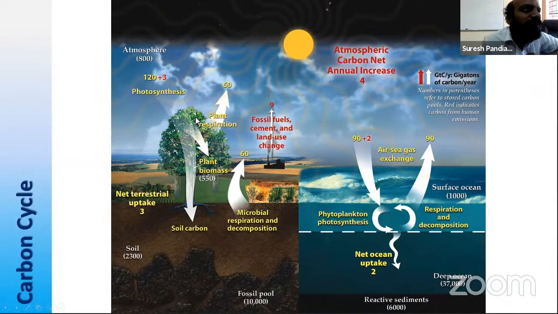Now you can see the numbers and compare, right? In the atmosphere, it is 800, like I told you. The biosphere is even smaller than that of the atmosphere. So the biosphere, plant biomass. Most of the time, like what they do at school level, when they talk about climate mitigation, they say increase the tree cover, do the plantations. That's the first thing everybody does. Why?